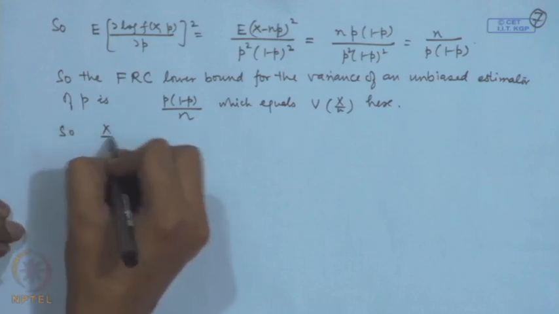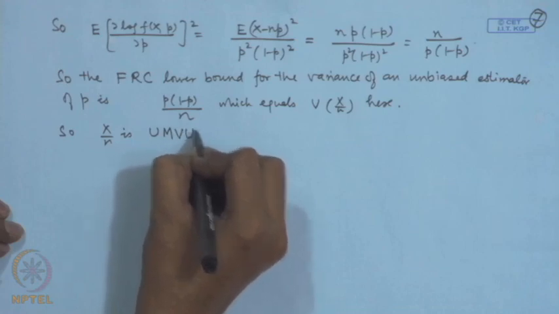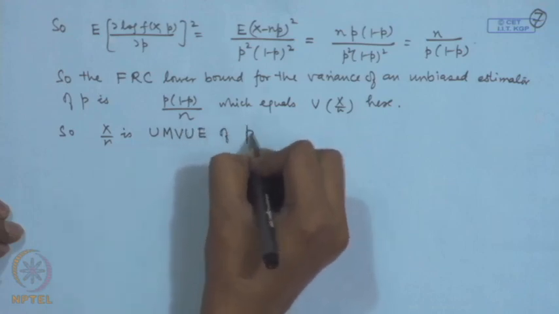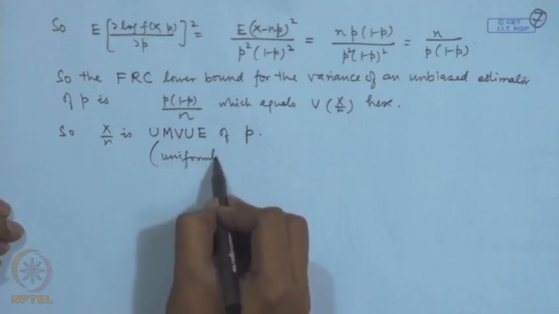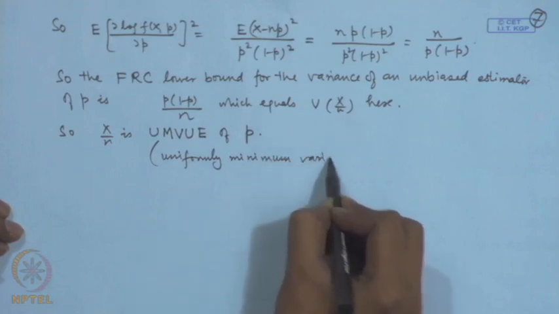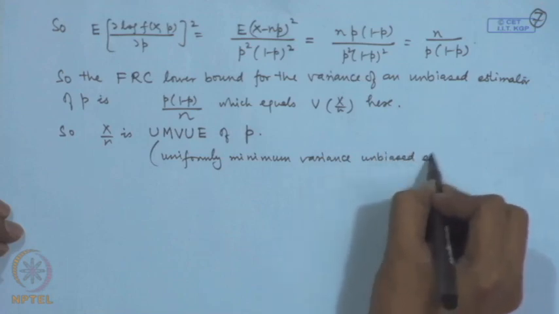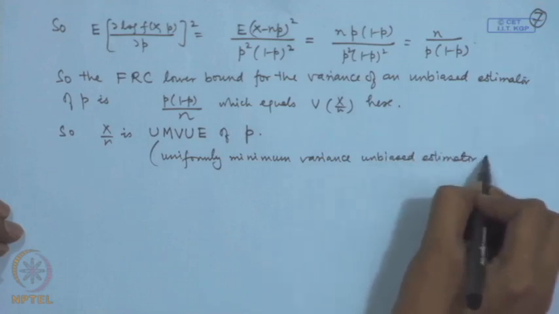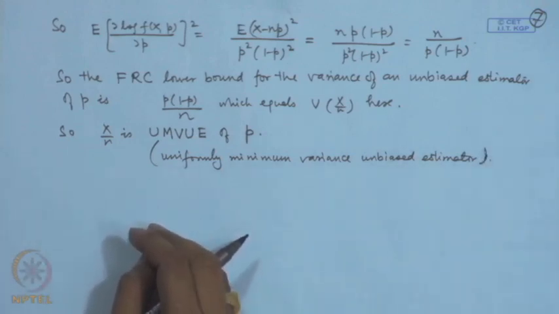So, X by n is the uniformly minimum variance unbiased estimator of p. So, you can see here the method is quite useful in actually proving that a given estimator is UMVUE or not.